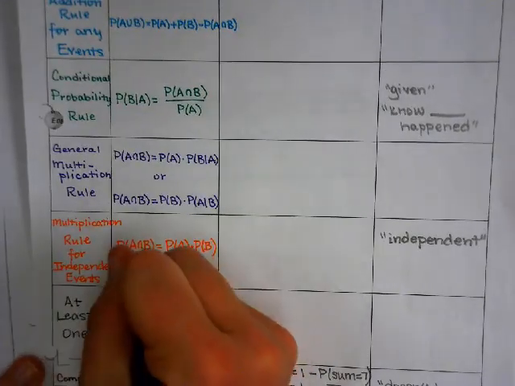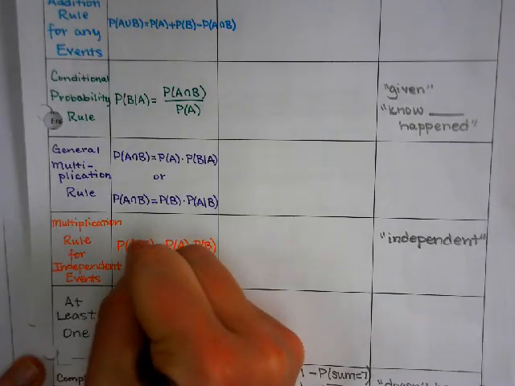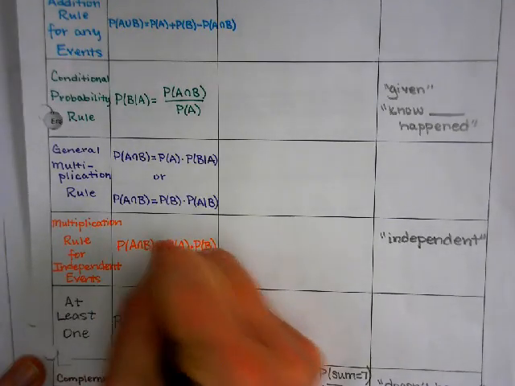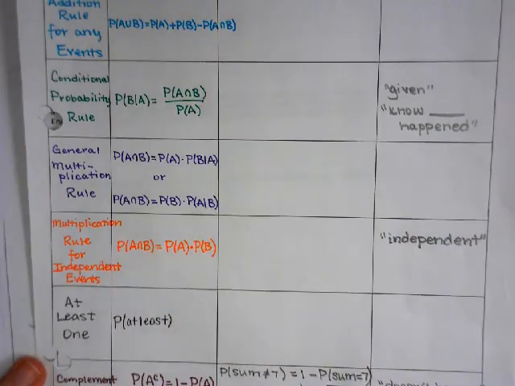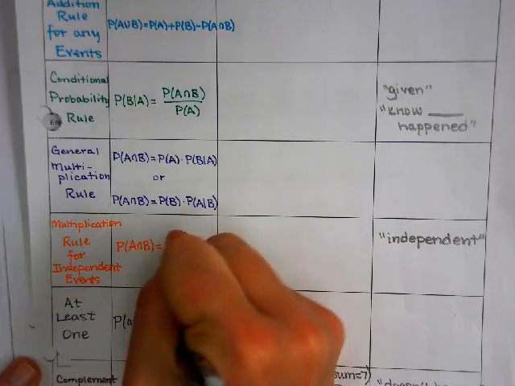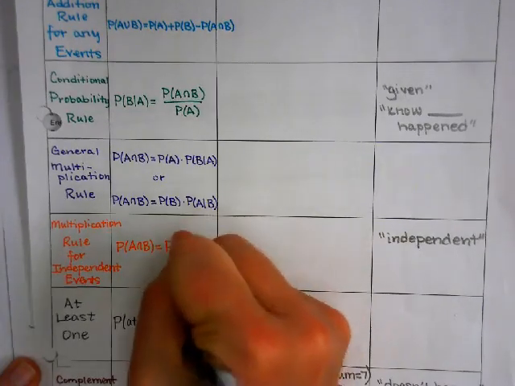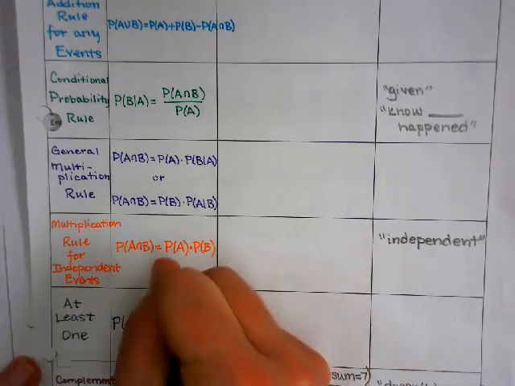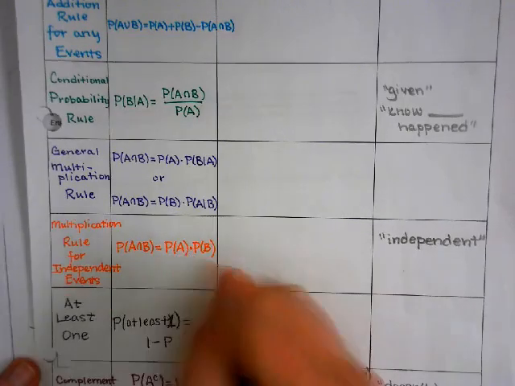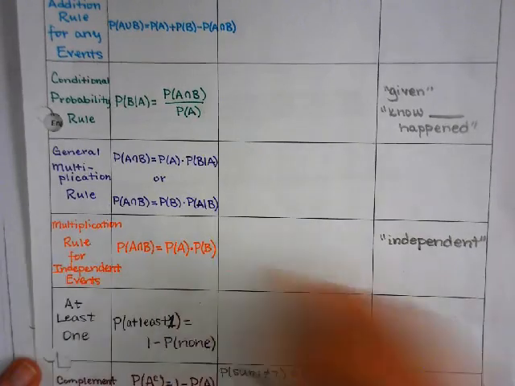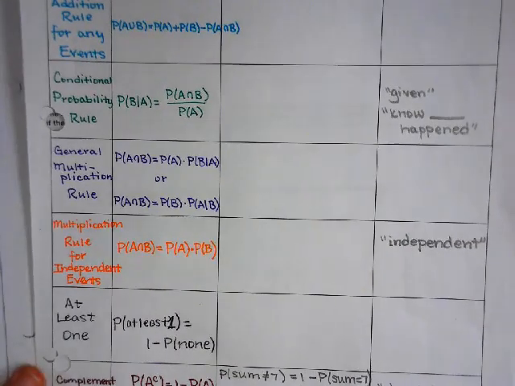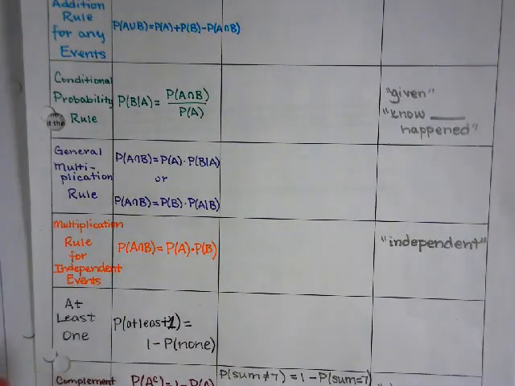At least 1 is equal to 1 minus the probability of none. And then keyword there, at least 1. It's kind of obvious, but at least 1.